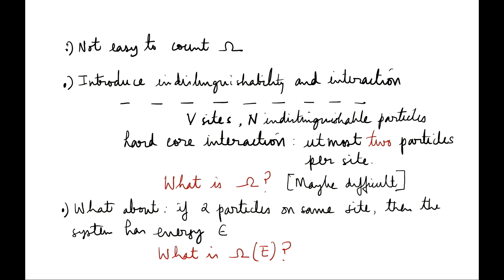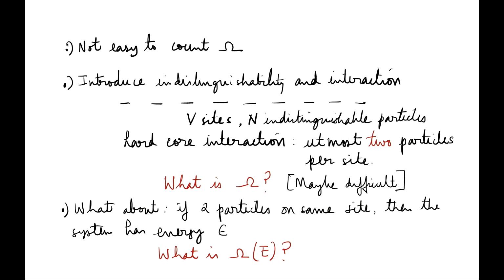And one more. Just some random configurations. This has energy epsilon. This energy 0. This is energy epsilon. This is energy 0. If I had 4 particles, I might have a case like this. Then this has energy 2 epsilon.